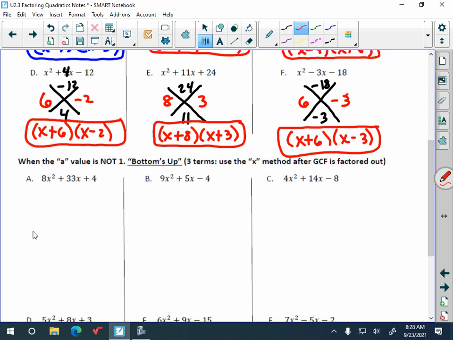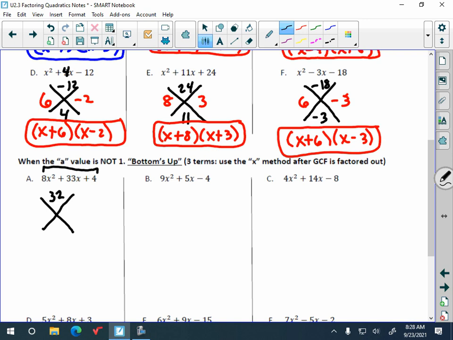All right, so this last method of factoring, we're going to use the same method as before, but we're going to do one extra step. All right, so we started off exactly the same way. So do our x. This time you have to make sure that you multiply the number in front and the number at the end together. Right? So 8 times 4, that's going to be 32 on top.